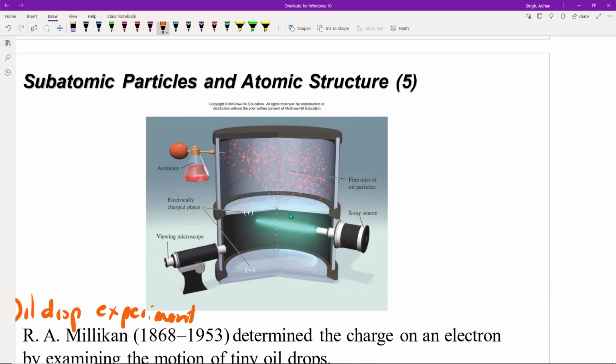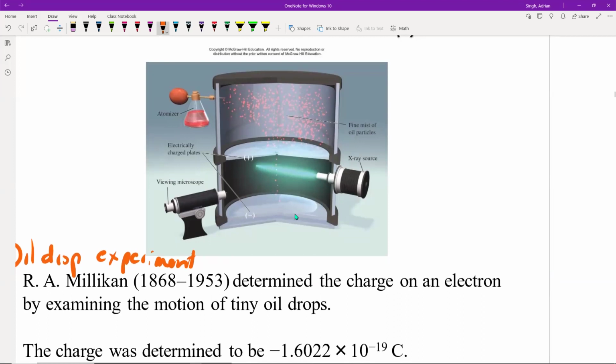Now, the key thing he discovered was that when he determined the charge on any particular oil drop, so not all the drops are going to be the same size, what he found was that the charge on the oil drops was always a multiple of a particular number.